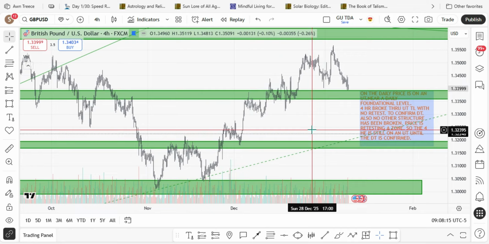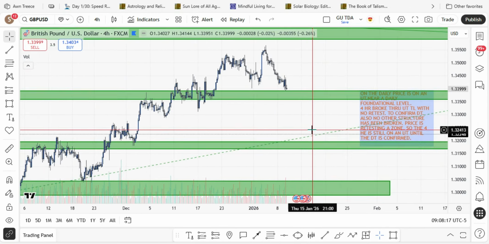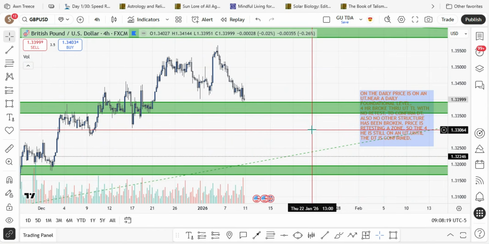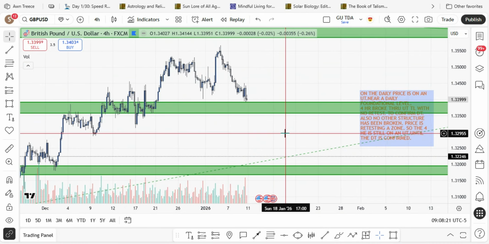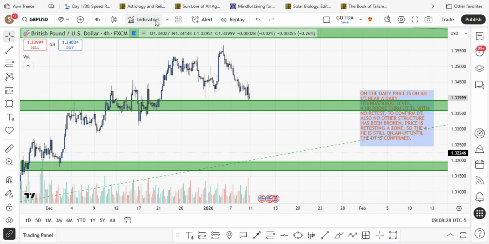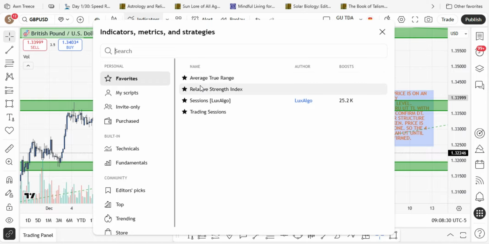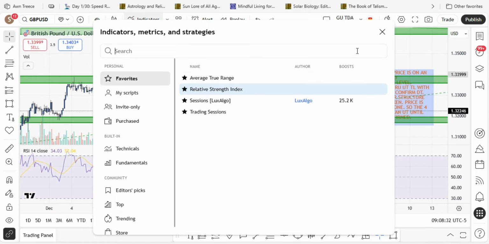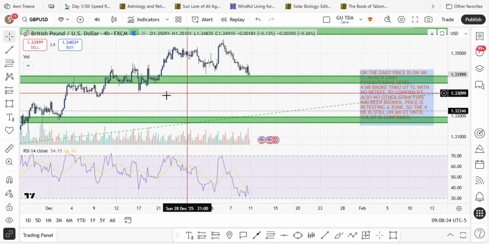So yeah, it's not really aggressive. Bearish momentum, and I need my RSI.